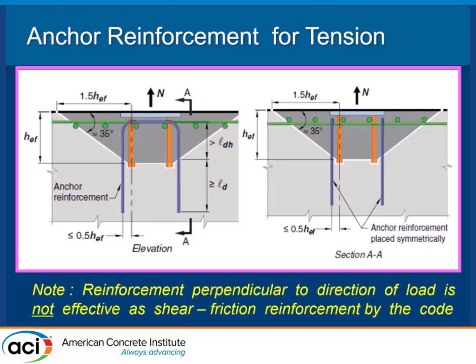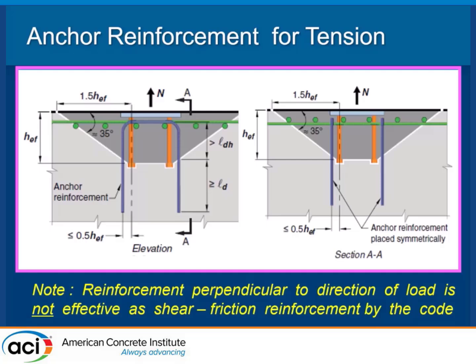tension. We have a plate, and let's say welded studs here, and you can see the tension concrete breakout, and let's say we throw some, in this case we'll call it anchor reinforcement, in there.